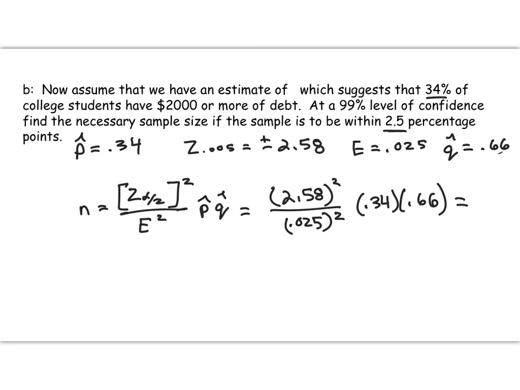Putting all of that into a calculator, but be careful about your order of operations, I get 2389.9. Always, always, always round up. Even if you have the teeniest bit of decimal, you need to round up. And your sample size needs to be 2,390. All right, that's it for tonight.